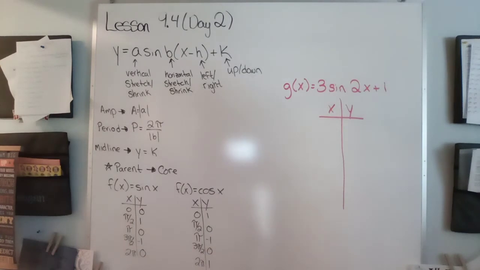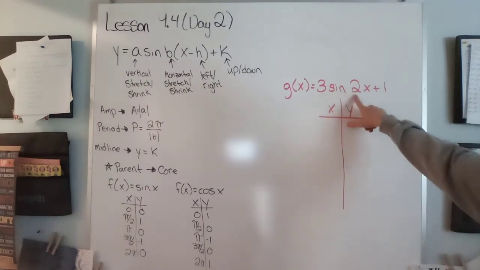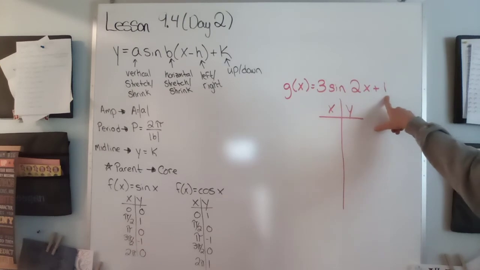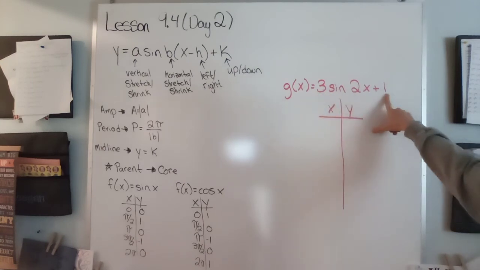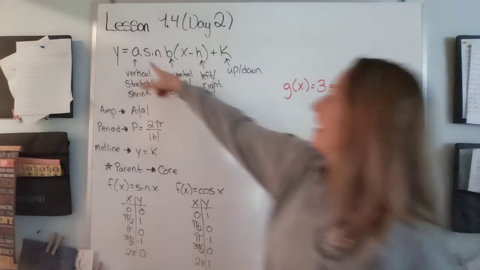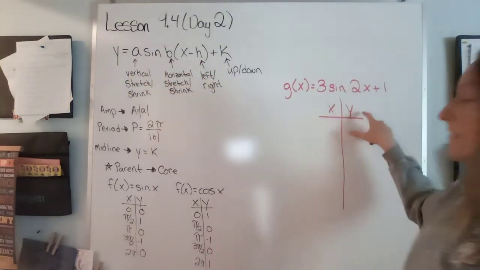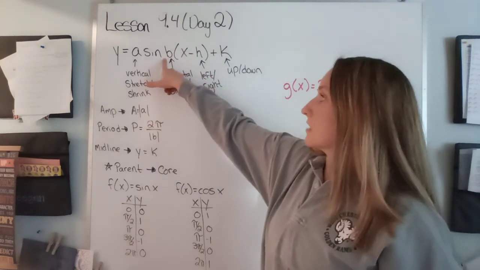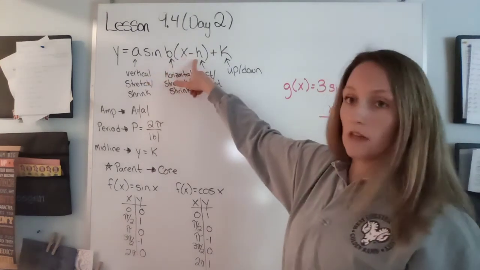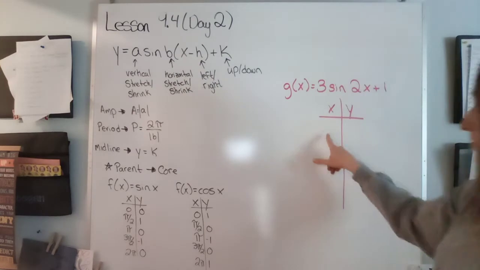So the first graph that we're going to work with is g of x equals 3 sine 2x plus 1. So we have an a, a b, and a k value, okay? So the a value is a vertical stretch or shrink, and the k value moves us up and down. So a and k are always going to affect the y values, but b and h, horizontal stretch or shrink, moving right or left, that's all affecting the x values, okay?